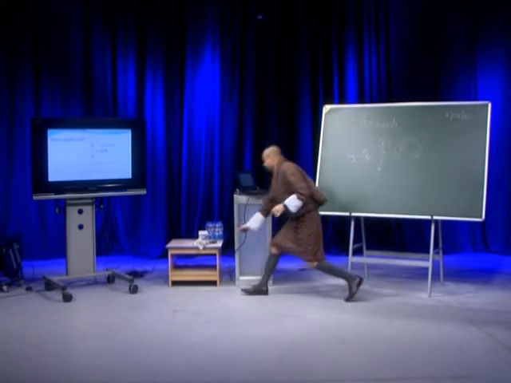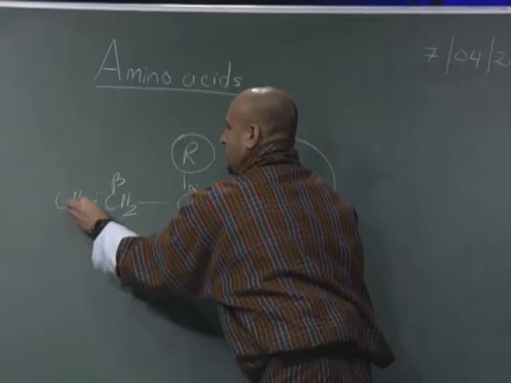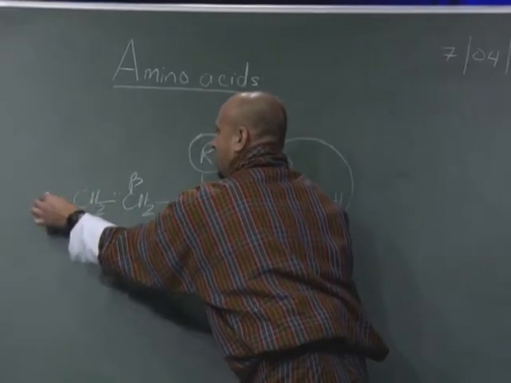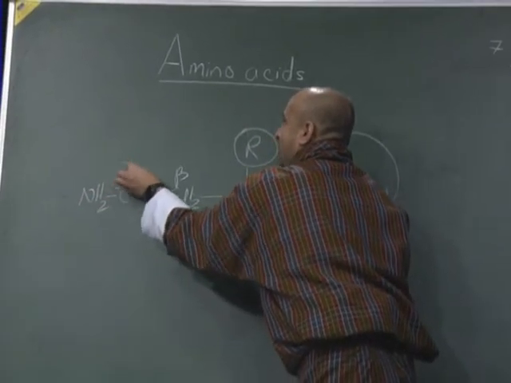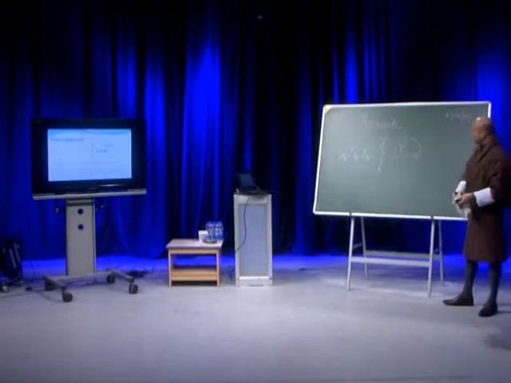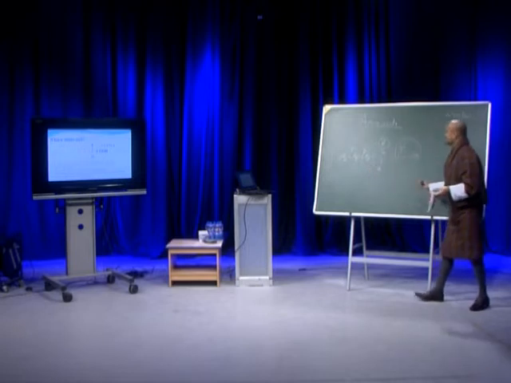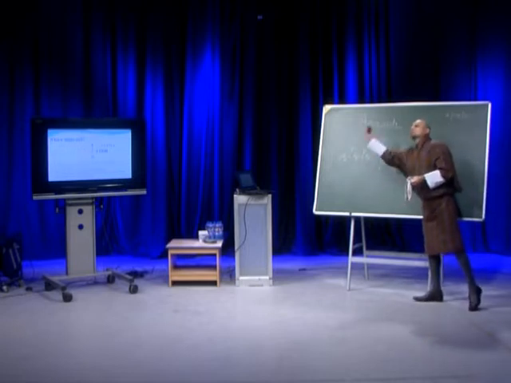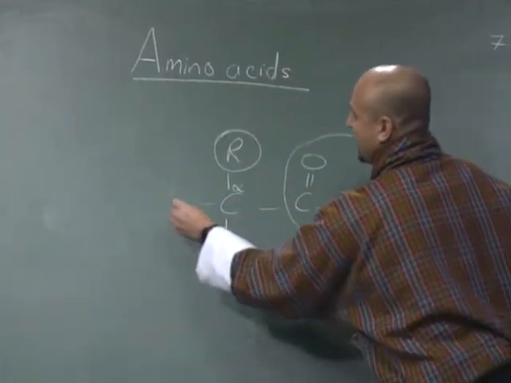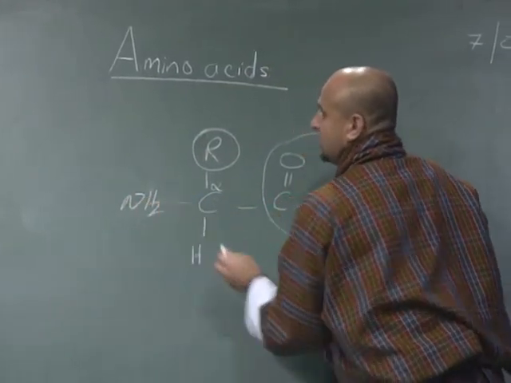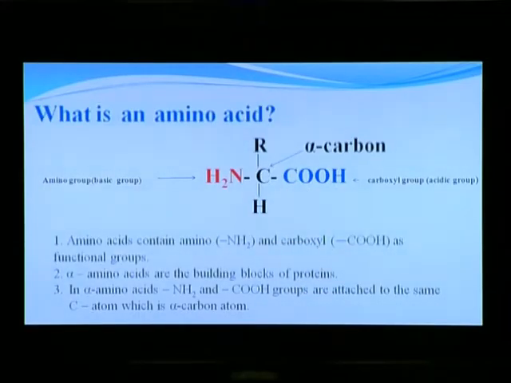In case you have again one more carbon in the chain with amine group, then this carbon will be known as gamma. So alpha carbon is a carbon which is directly attached to the functional group. Beta is adjacent, and gamma carbon is the one present further along. So when we talk about alpha amino acids, we are talking about the alpha carbon, which is directly attached to the functional group.